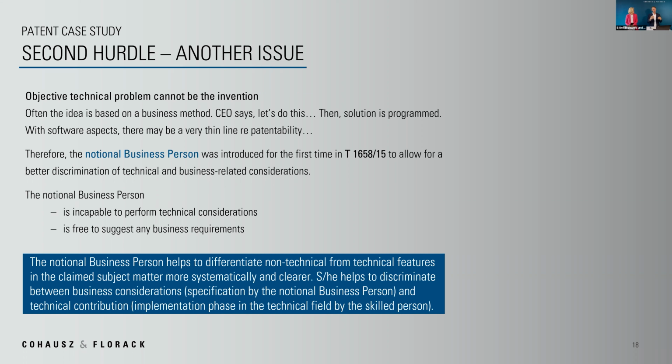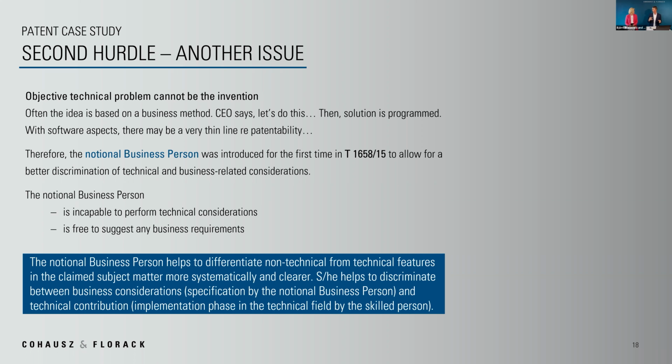And to get a clearer distinction between such business-like objects and the actual technical object, there is the approach of the notional business person. The notional business person is incapable of performing any technical considerations. And this helps to distinguish that the objective technical problem to be solved cannot be the one claimed by the feature.